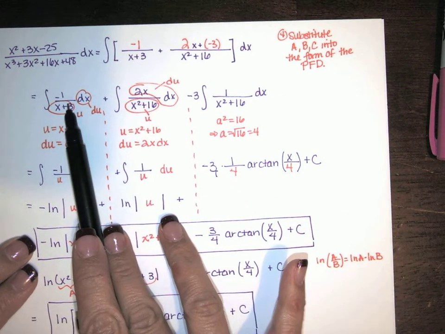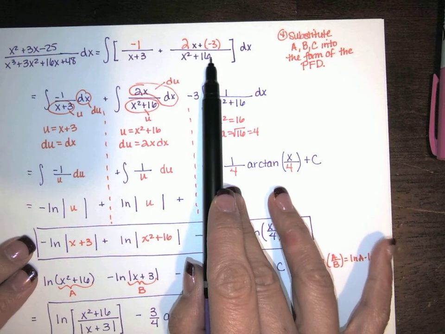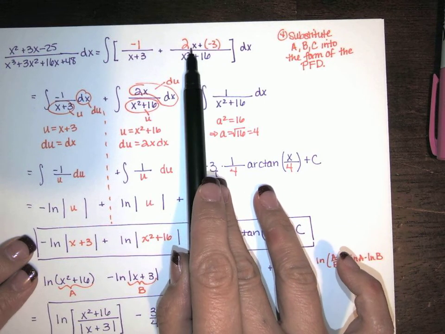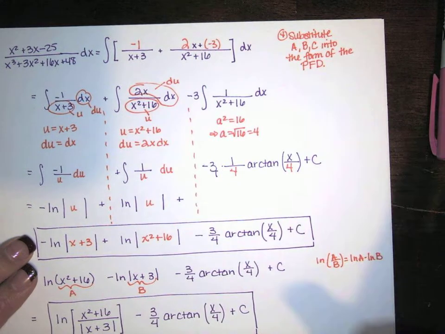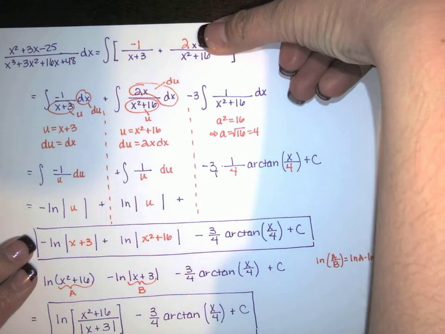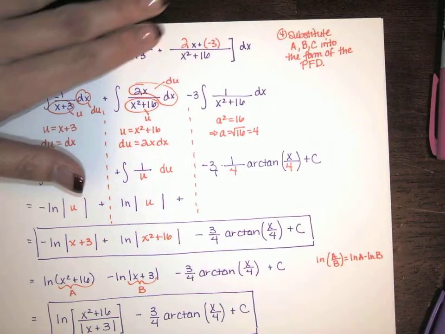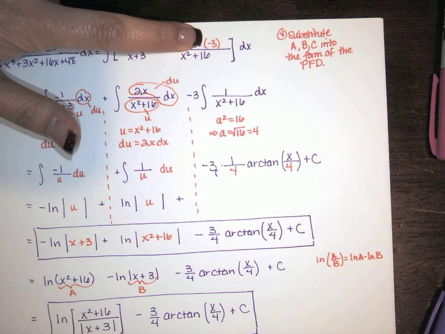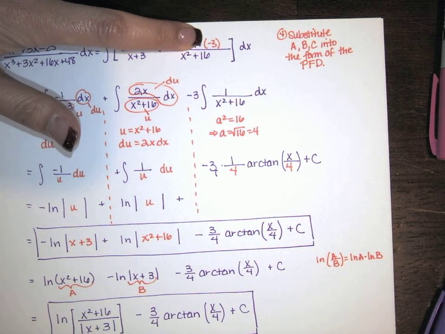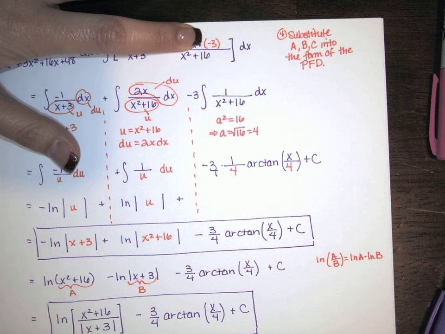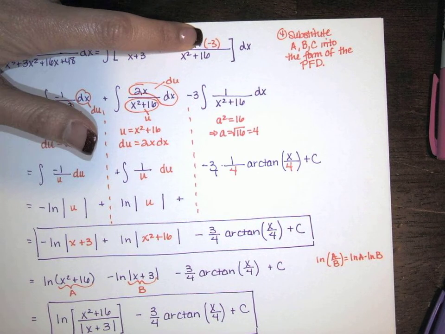This one's a log. If you had an irreducible quadratic, chances are, if both of these are non-zero, you're going to split it up. You're going to have that over your denominator, and that's going to be a u sub, and then the constant over the denominator is one of your inverse trig functions. And actually, it's a polynomial, so it's always going to be an arctan.